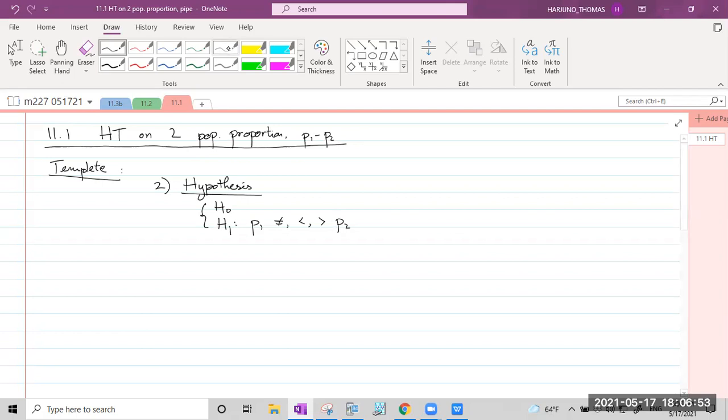Now, you adjust the null hypothesis accordingly. But because we don't have a constant on the other side, our null and alternate hypotheses become P1 minus P2 not equal to, less than, or greater than 0.